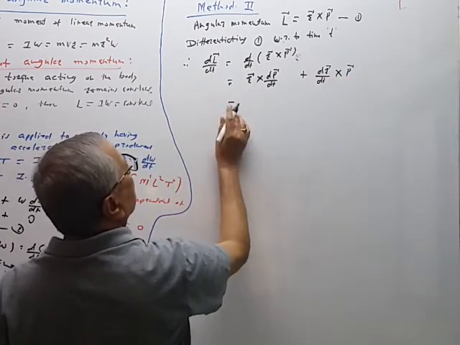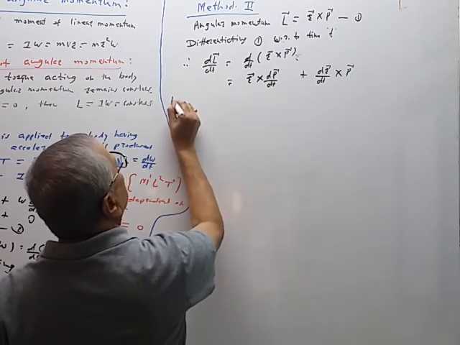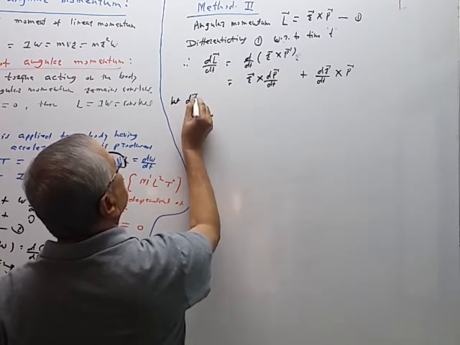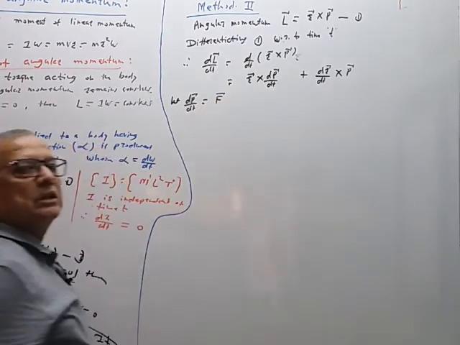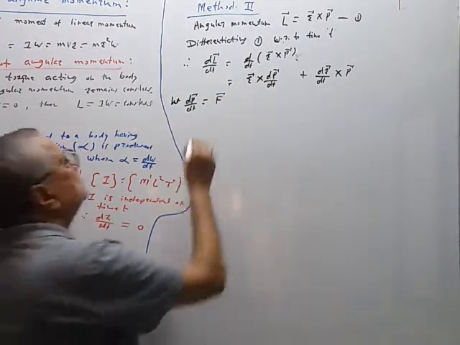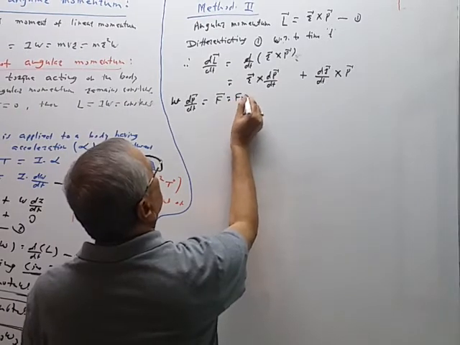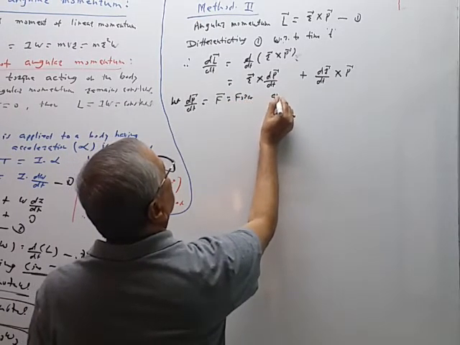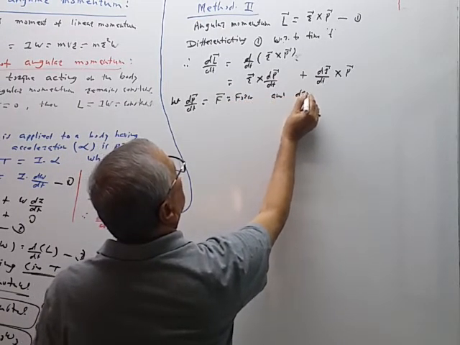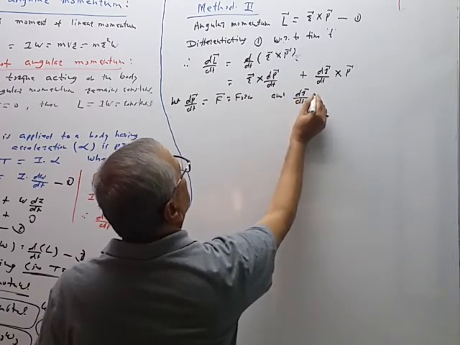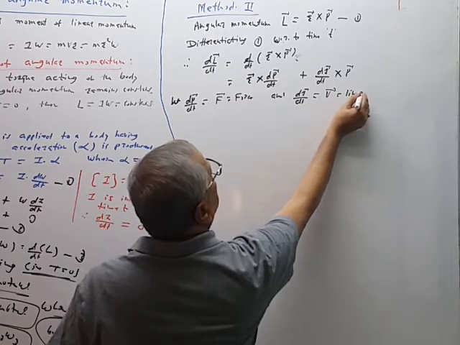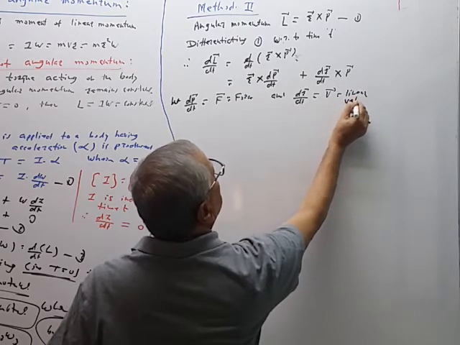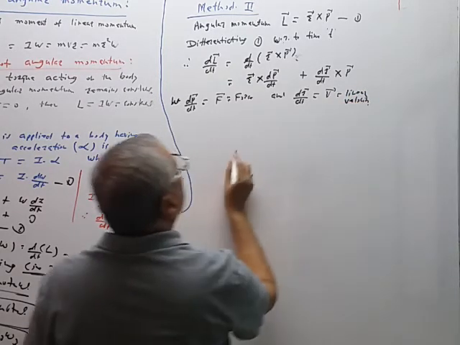But dp by dt, by Newton's second law, is the force, the rate of change of momentum with respect to time t. And dr by dt is equal to v, the linear or tangential velocity.